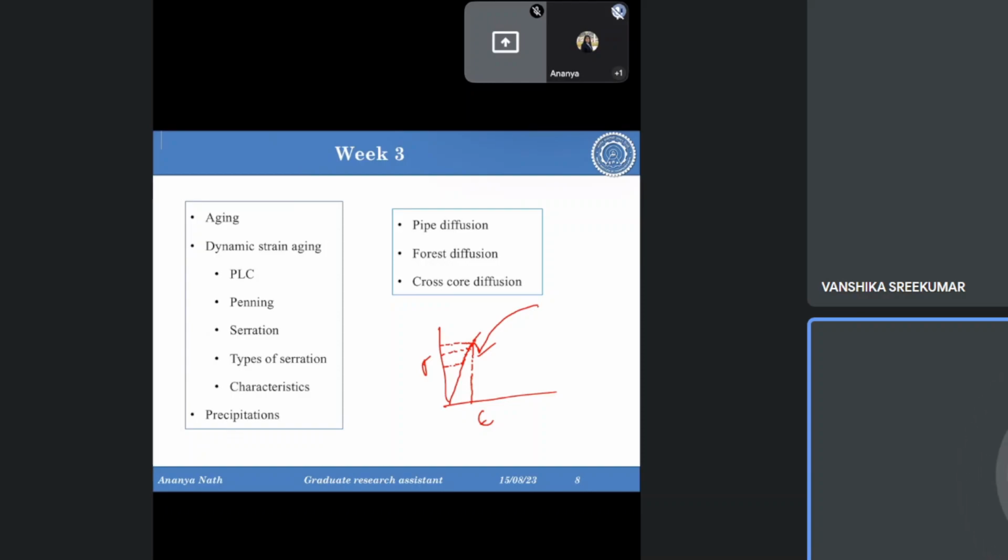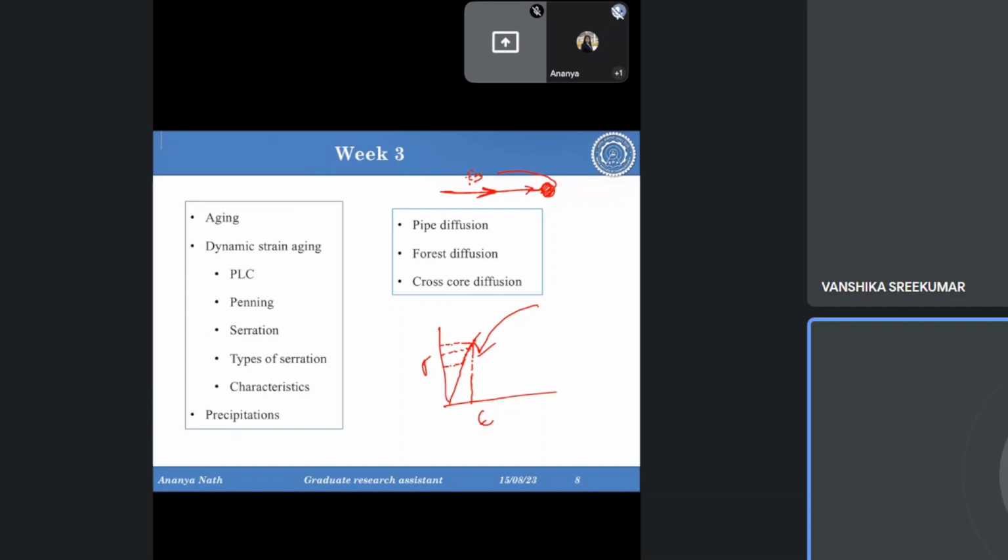In simple layman terms, if the dislocations are moving in this direction, and there are some solute atoms, they have come to this point and gathered together, made some precipitations or atmosphere or cluster, due to which the dislocations cannot move farther. So this is the upper yield point.